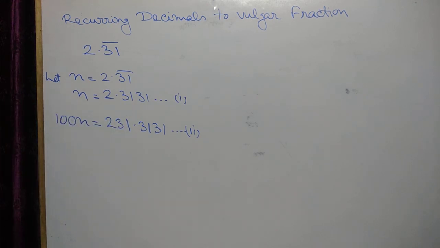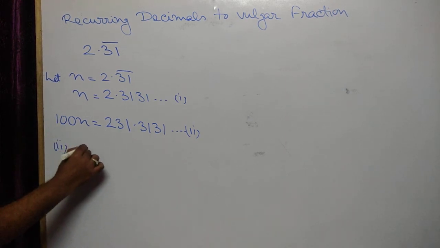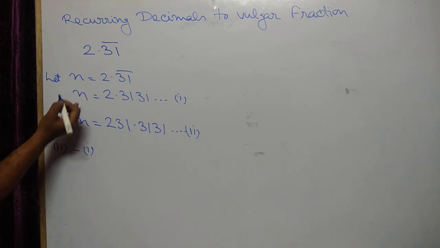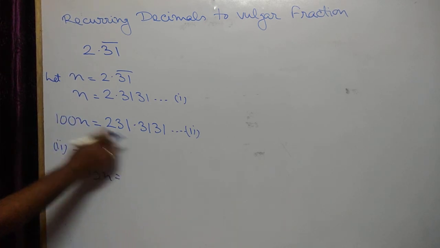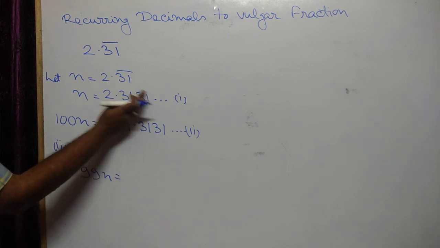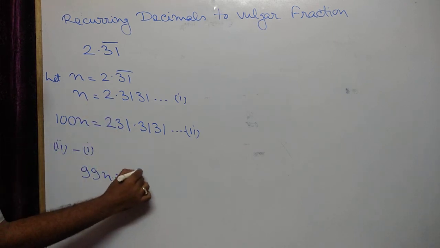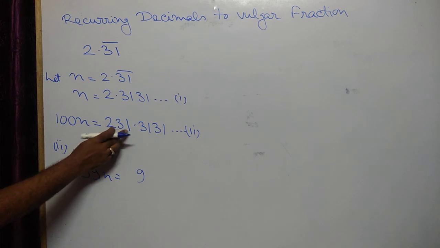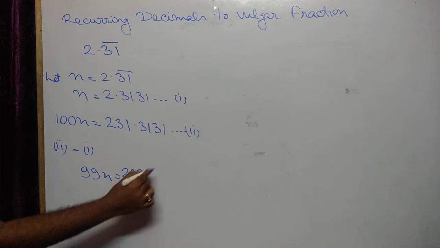Now again, by using the same 2 minus 1, what we have: 100n minus n, it's 99n. See over here, 0.3131, 0.31, these are totally subtracted to 0. 31 minus 2, it's 29.